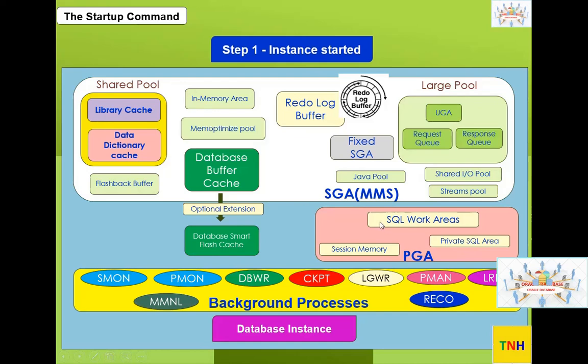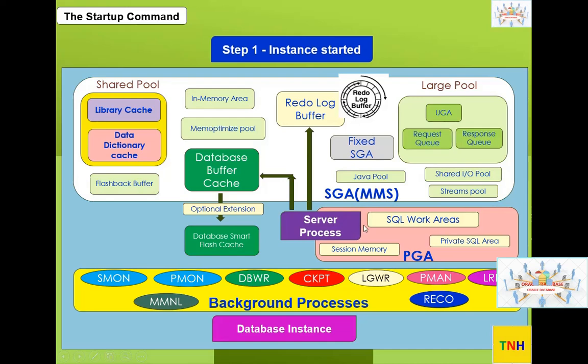Within the PGA, we are going to have small memory areas like SQL work area, private SQL work area, session memory, likewise. And further, the server process is also there, because each server process is going to have a separate PGA, and the server process will be communicating with the database buffer cache, with the log, likewise.